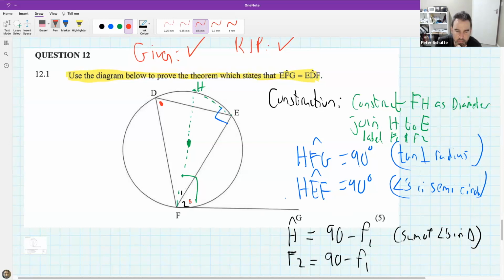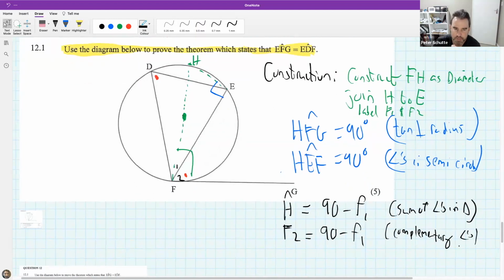Got that one, 90 minus F1, and we have that. I'll just probably say actually complementary angles.